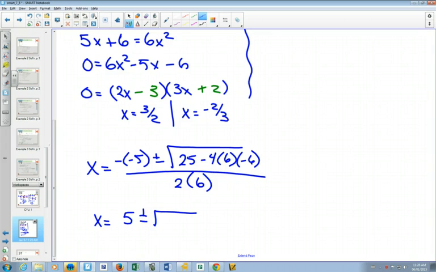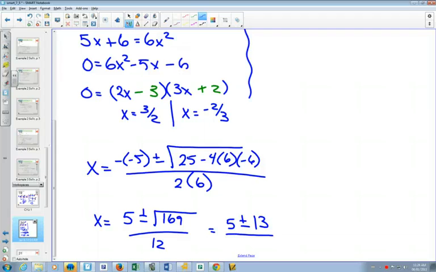This is, well, 144, with the 25 in there, 169. And then divided by 12. So we get 5 plus or minus the square root of 169, which is 13.